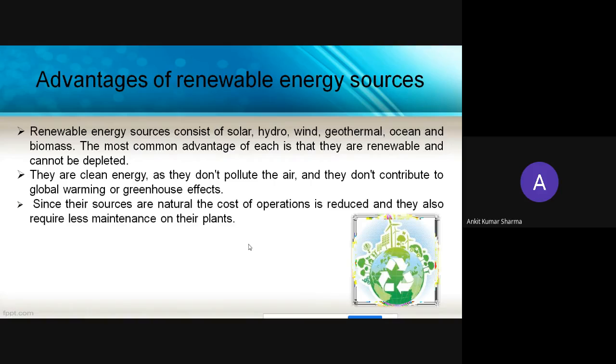They are unlimited in nature. They are clean energy as they do not pollute the air and do not contribute to global warming or the greenhouse effect. And last but not least, since their sources are natural, the costs of operation are reduced and they also require less maintenance in their plants.